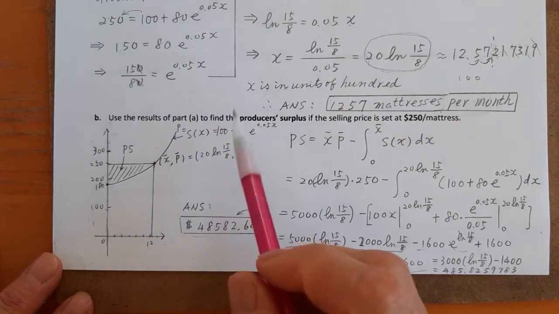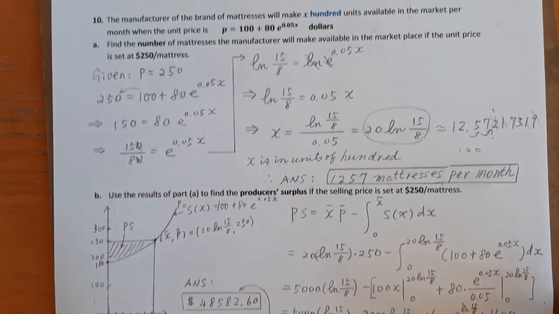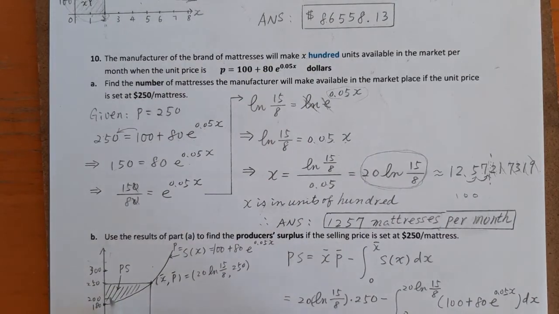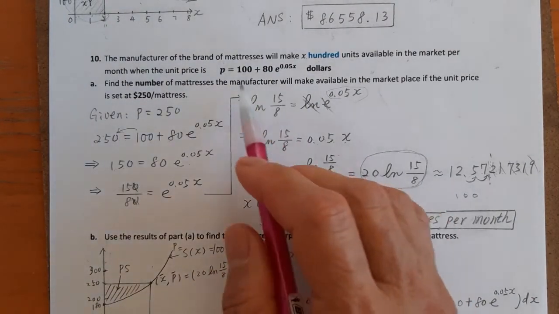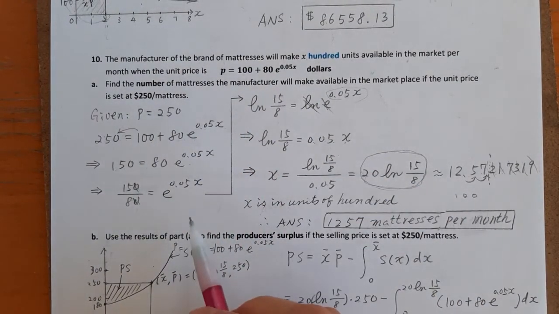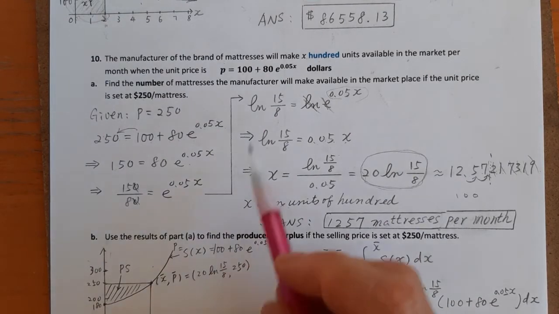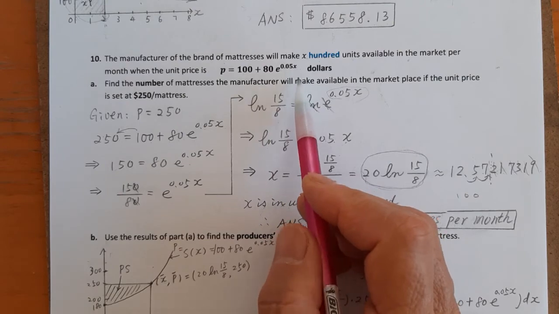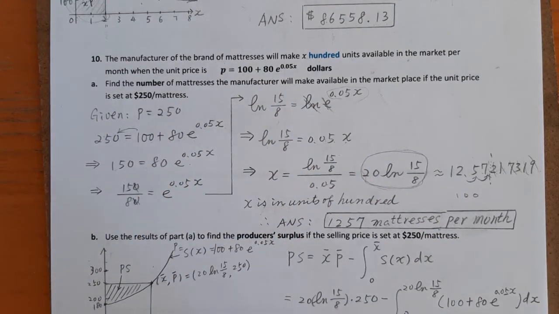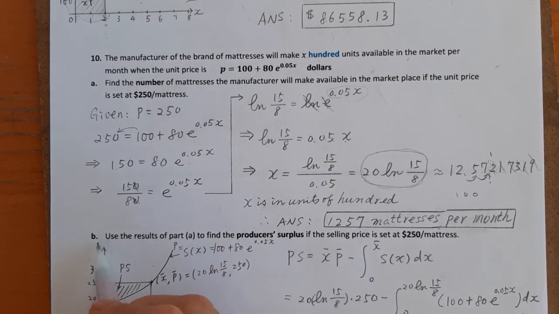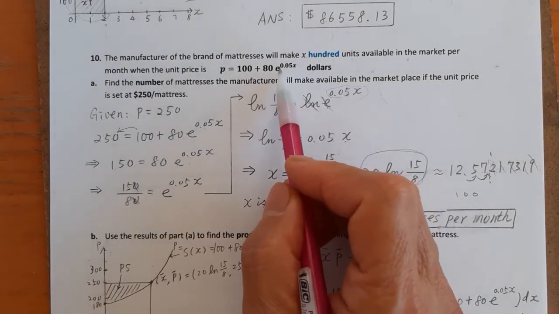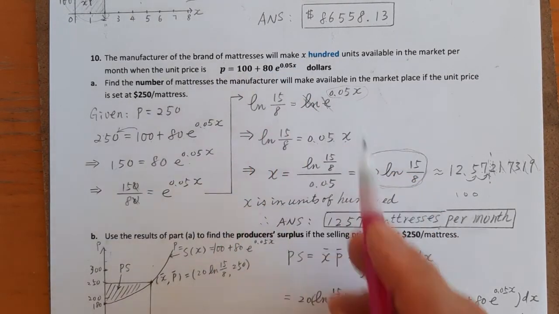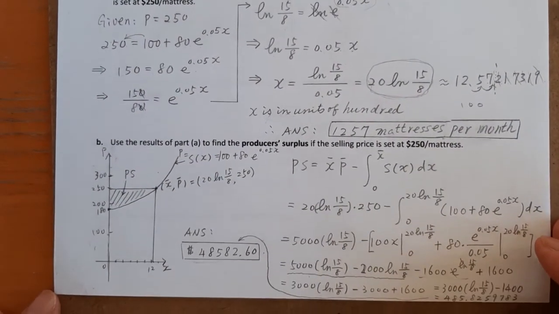So this is the increasing function, the supply function, the price producers are willing to supply at, P, as a function of X. It is increasing. It starts at, if you let X equal 0, here is X and this is the price, X equals 0, e to the power 0 is 1, times 80, so 180, the price is 180.